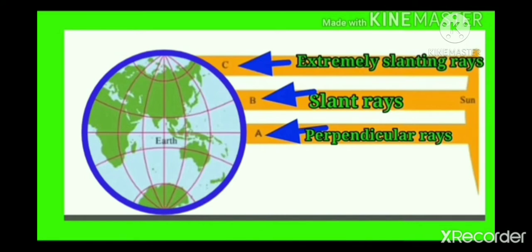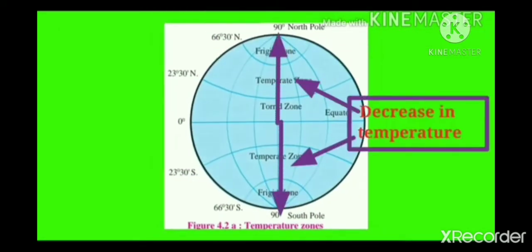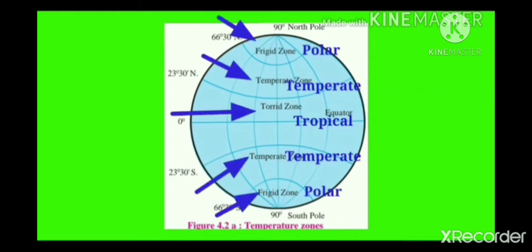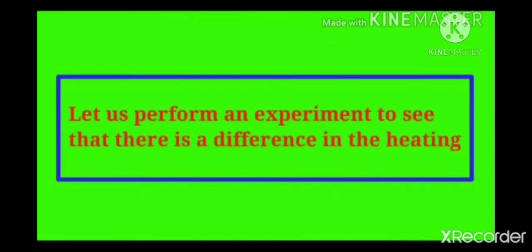This leads to unequal distribution of heat from the sun, resulting in a decrease in temperature from the equator towards the north and south poles. Based on the distribution of temperature, the earth can be divided into torrid, temperate and frigid zones, or tropical, temperate and polar regions.